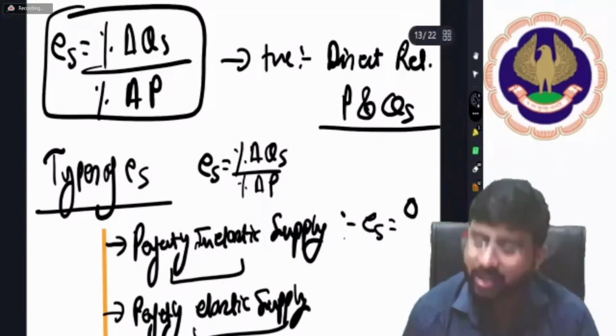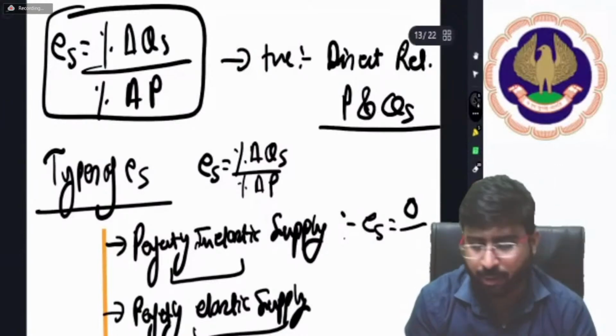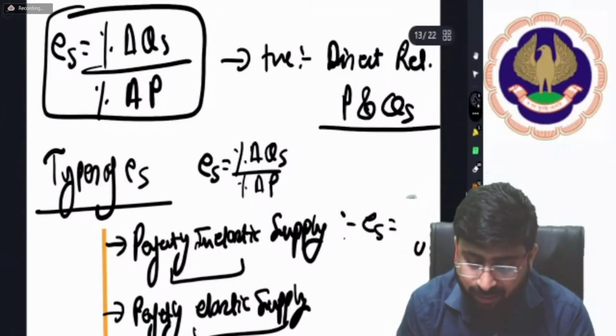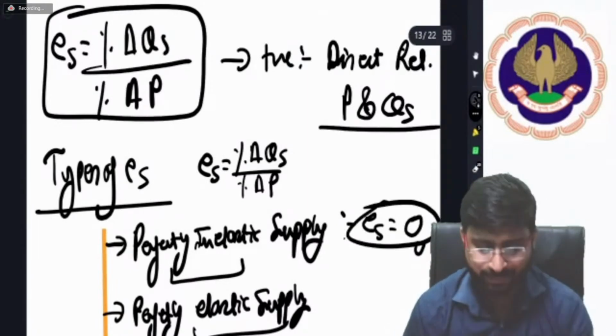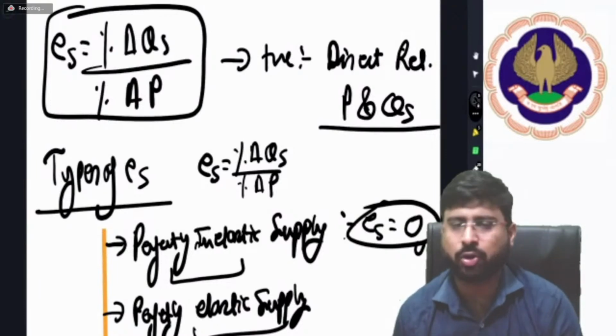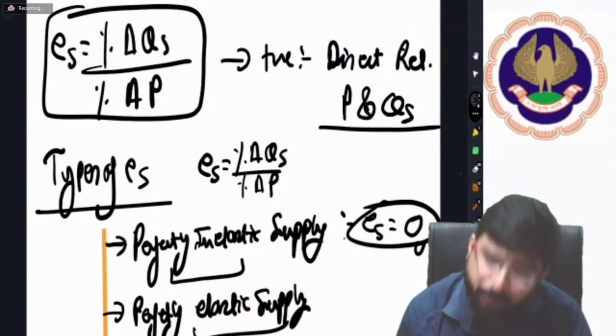So change in quantity is 0. Change in price can be whatever. You all know 0 by anything is 0. So here the value of elasticity of supply is 0. It means that a change in price is having no impact on supply. It is in reality possible.